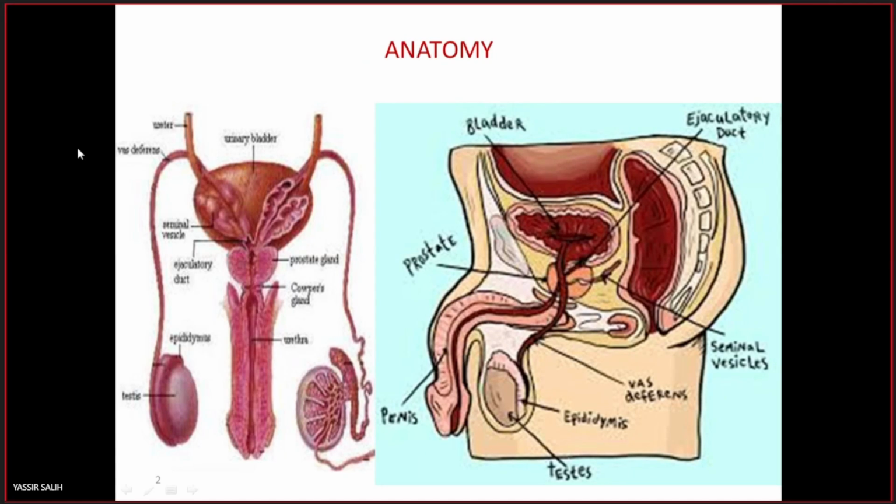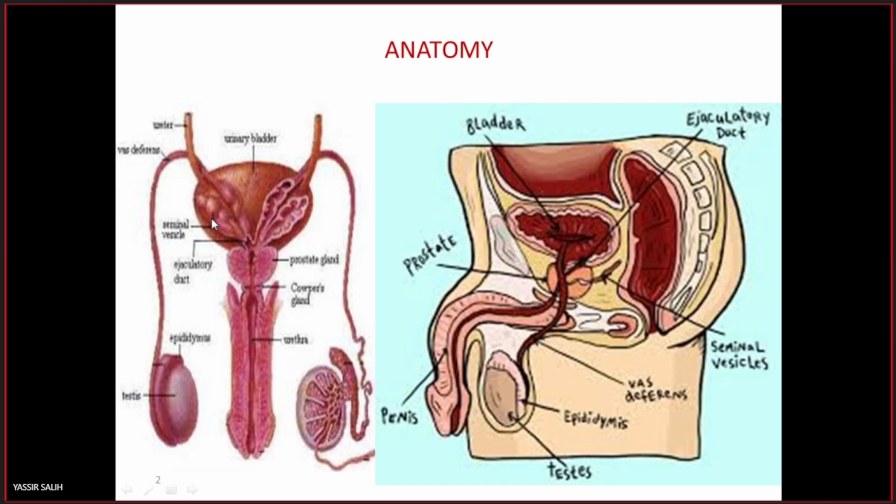Regarding the anatomy, there are many structures and organs that can be imaged by the different imaging modalities, and the reproductive system in male consists of many structures, and we are going to focus on some of these structures.